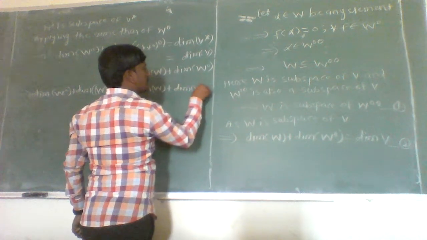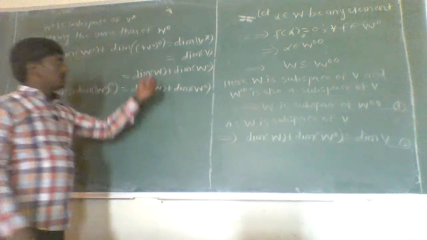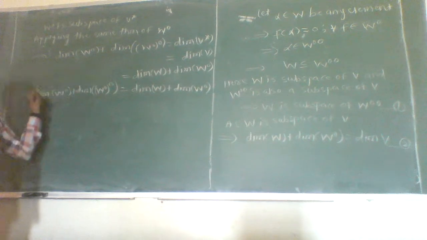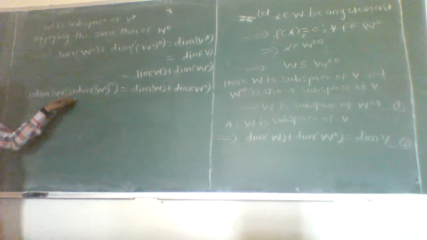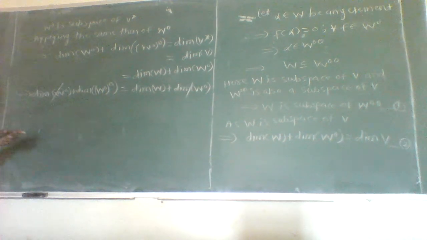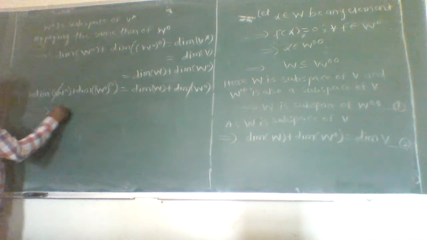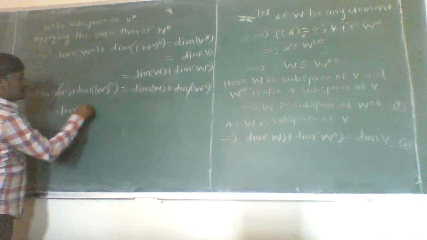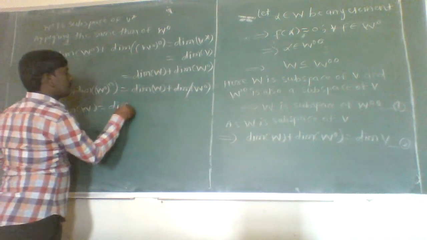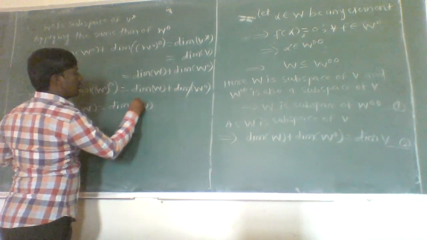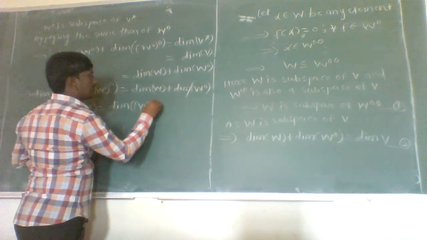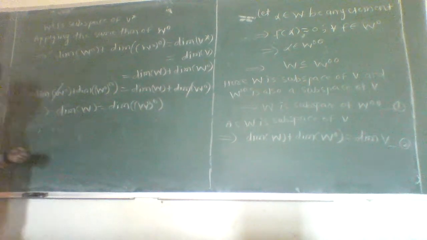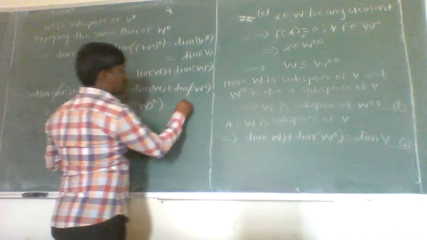But as V is a finite dimensional vector space and W and W annihilator are subspaces of V and V star, these subspaces also have finite dimension. So dimension of W annihilator and dimension of W annihilator get cancelled, which implies dimension of W is nothing but the dimension of W annihilator of annihilator. Now this one is, suppose, equation 3.